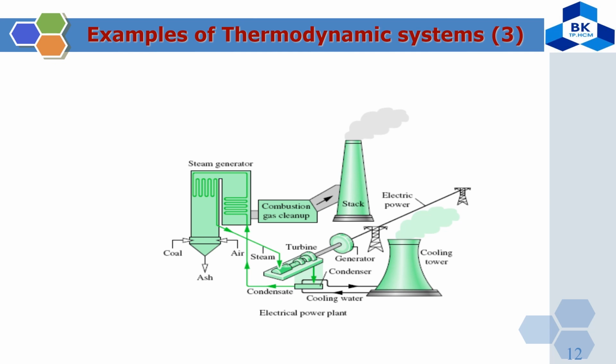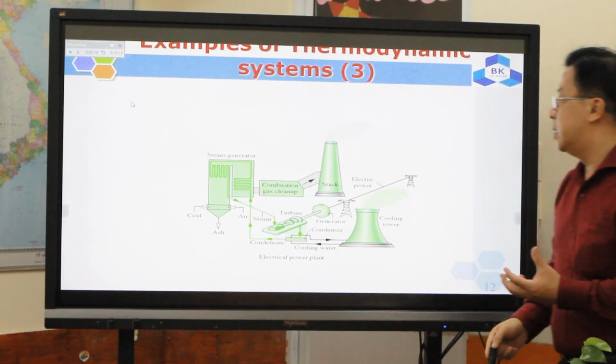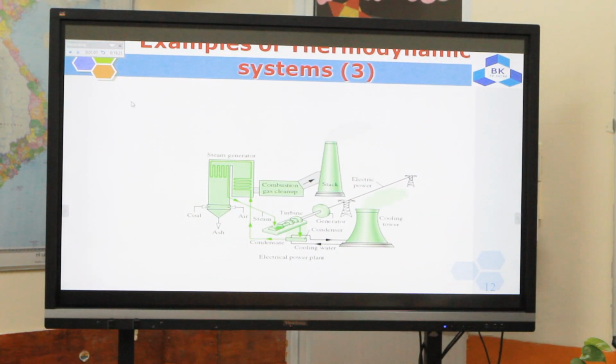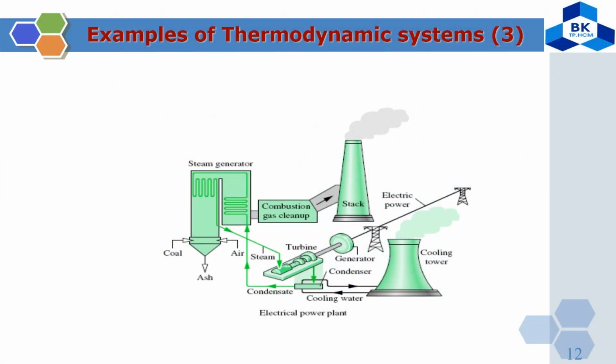Okay, so in this case, we can say that the steam generator is the hot source. The outside temperature, or the environment surrounding the system, is the cold sink. And the substance, in this case, is the steam itself. And we provide heat and produce work.